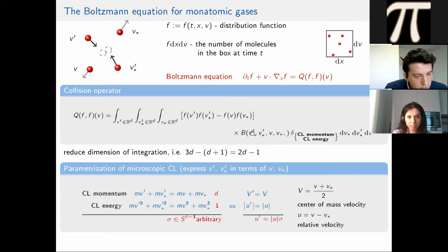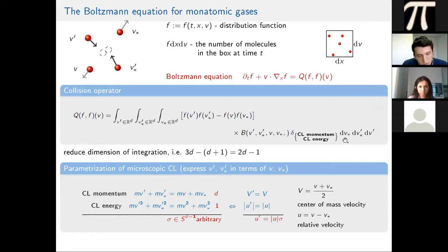You also have the cross section B that tells you the intensity of these collisions, and you integrate over all possible combinations of velocities of collision partners. The main idea in the next step is to reduce this integration area by looking at the laws during the collision of these particles.